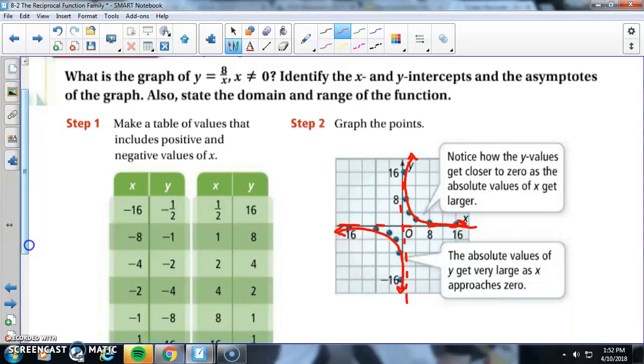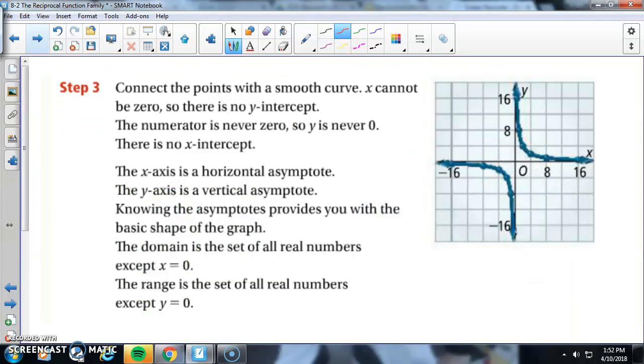So that's why we picked negative 16, negative 8, negative 4, negative 2, negative 1, and so on. Once we connect the points, there is no x-intercept and there is no y-intercept because we have asymptotes. The x-axis is our horizontal asymptote, and our y-axis is our vertical asymptote.